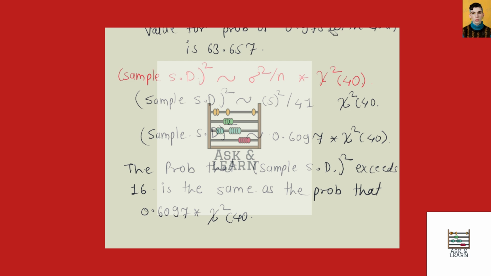Here we use the multiplication sign as cross. Here also chi-square of 40 exceeds 16.